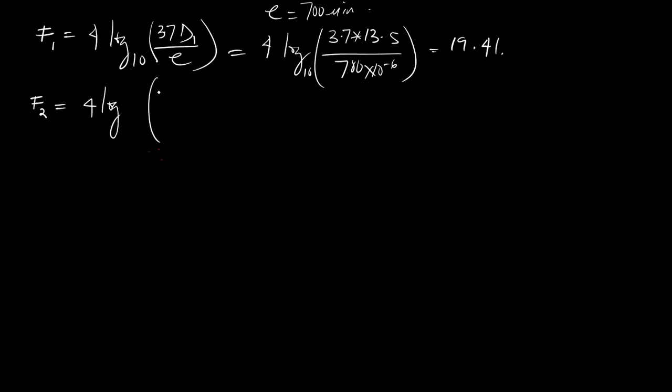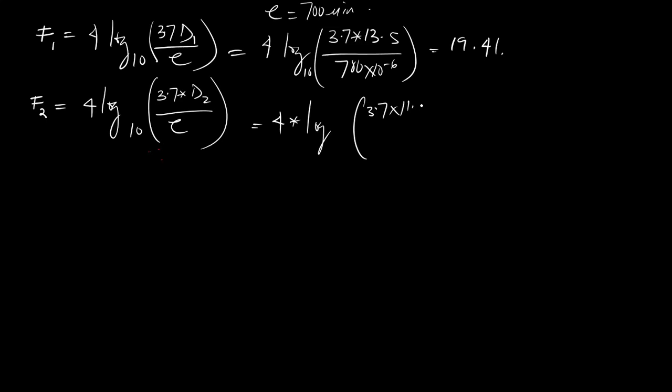Now F2 will be 4 log of 3.7 times D2 all over E, base 10. So 4 times log of 3.7 times 11.5 divided by 700 times 10 raised to minus 6, base 10.